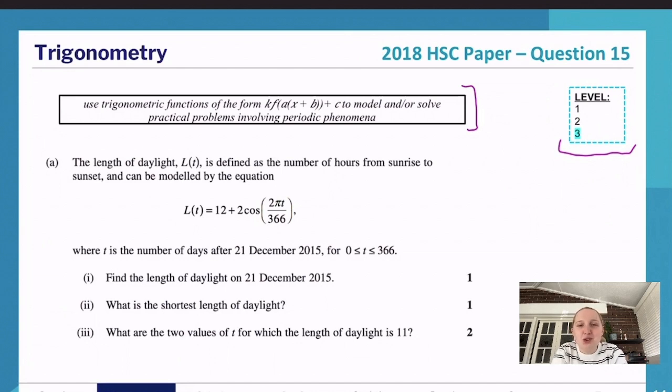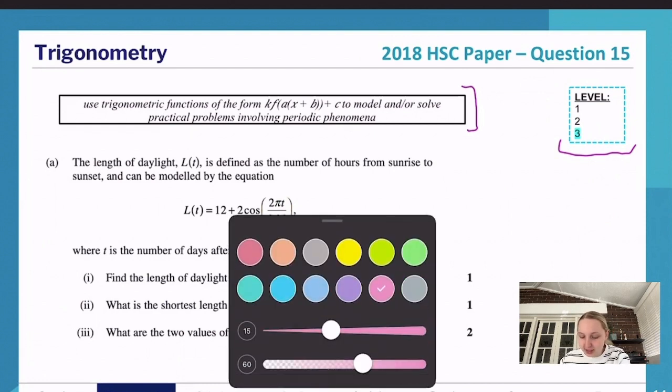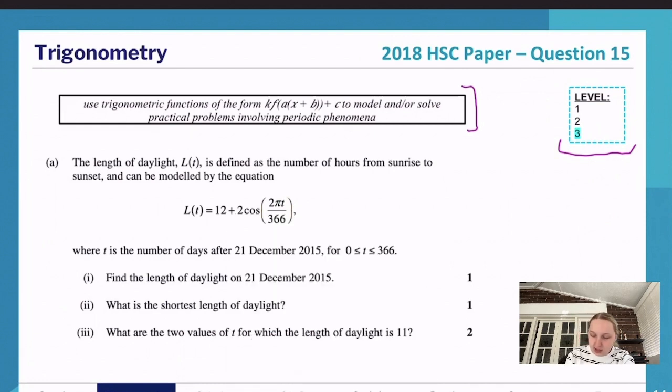Super common question to get. Really commonly, these questions come up as sunrise to sunset or tides, like the tide of water going up and down. So it's super important that you know how to do this one.